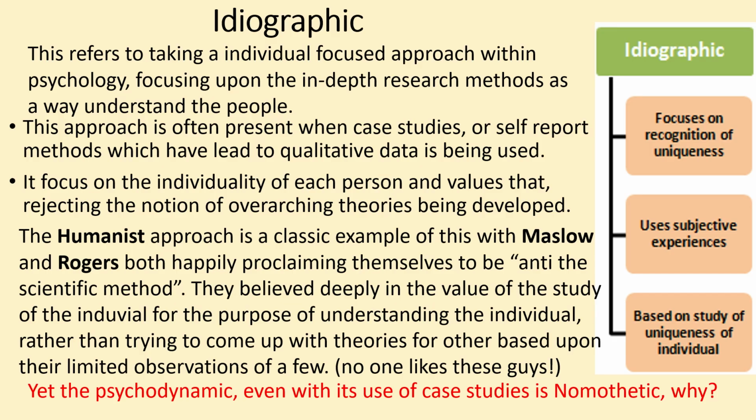So the ideographic approach will actually argue we shouldn't be trying to come up with large, big scale theories which then apply to everyone. Instead, we should study the individual for the purpose of working with that individual. Okay.